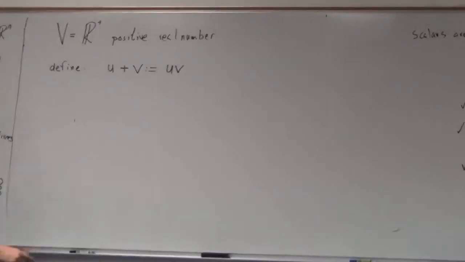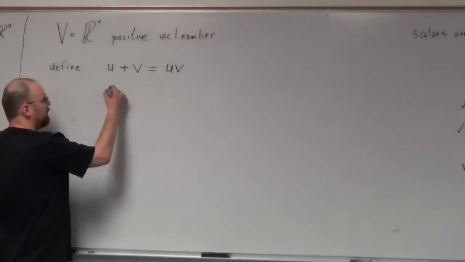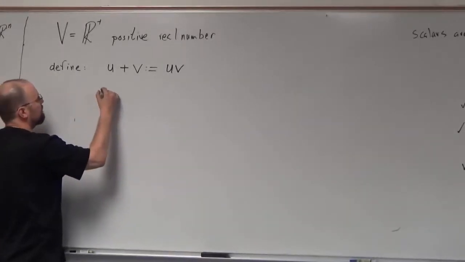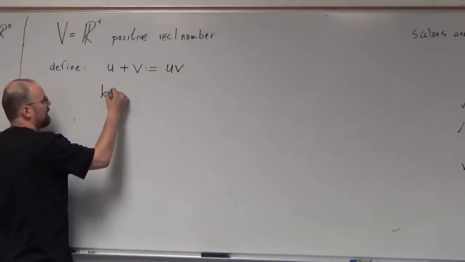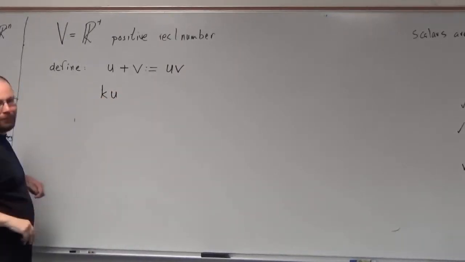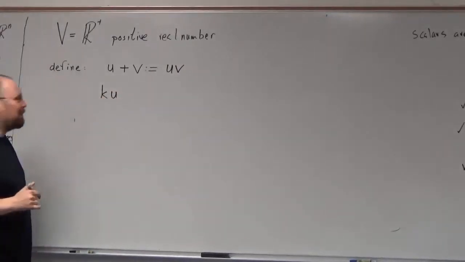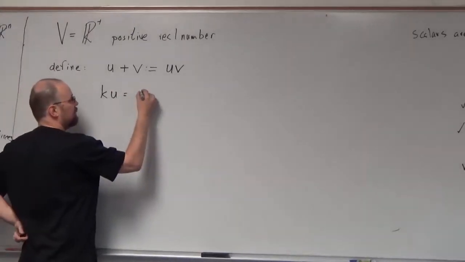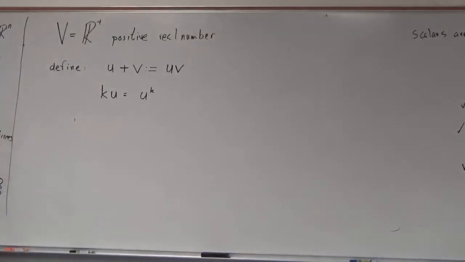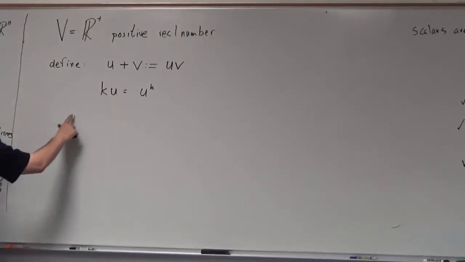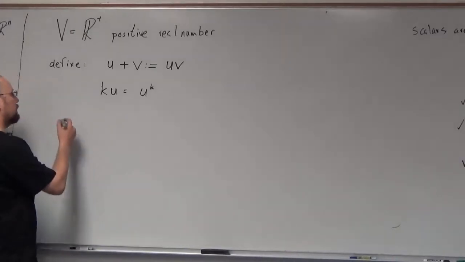And we're going to define scaling. So here's scalar k times vector u, which is also a real number. Define this to be u to the k. So I want to show that this is a vector space.